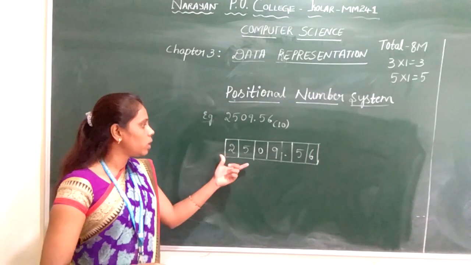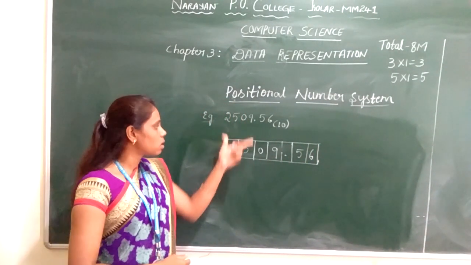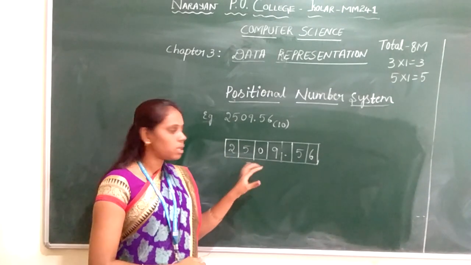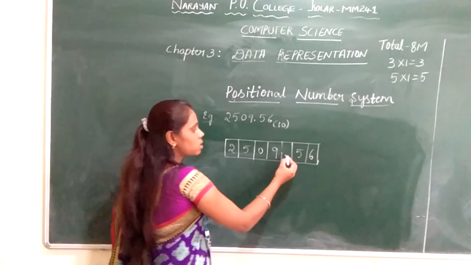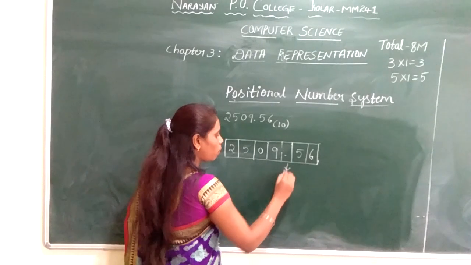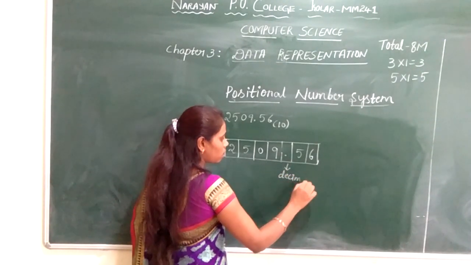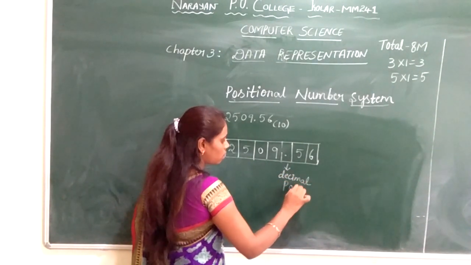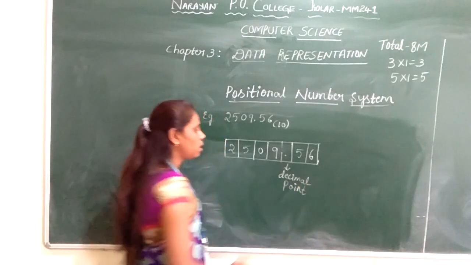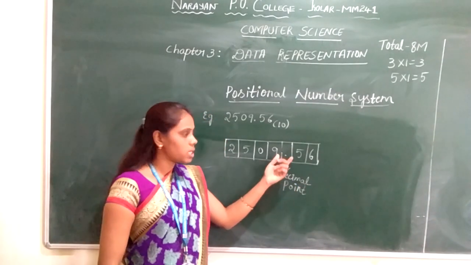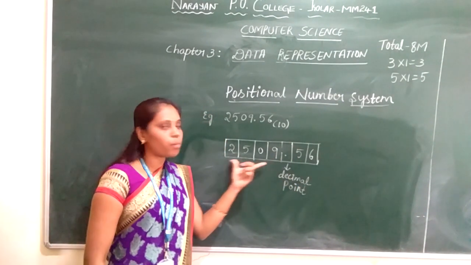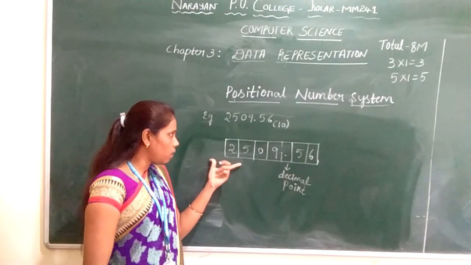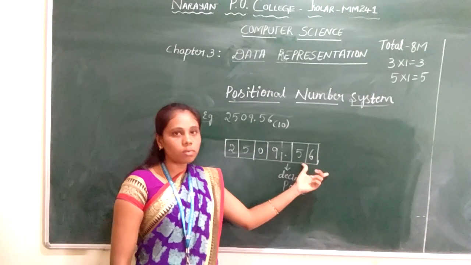In the computer memory, the values and the digits will be represented in this format. This is called your decimal point.